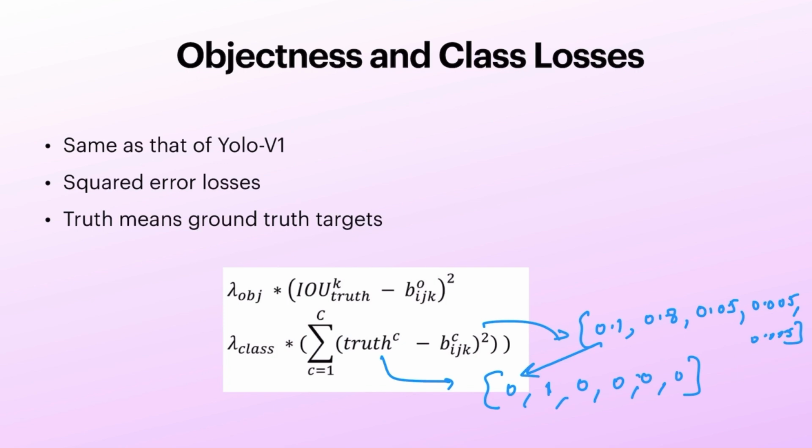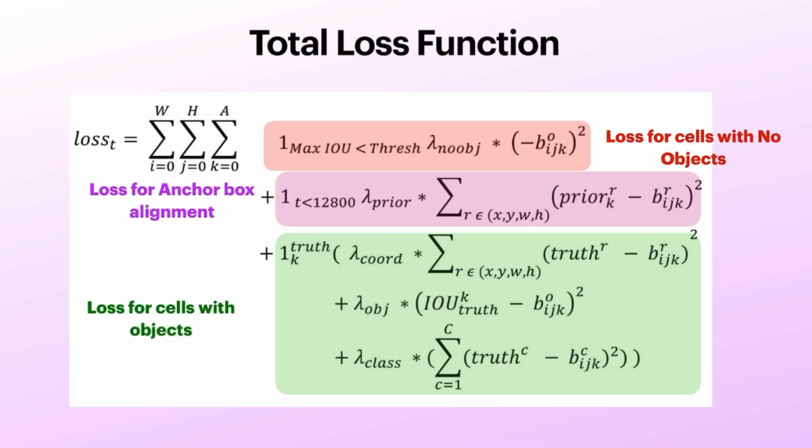Now these individual terms I am calculating the difference and then summation of all the individual differences. So this is how you calculate the squared difference between class probabilities and the labels. This is the total loss function. Everything is a squared term here. Only the additional term is this one. This is for anchor box alignment. This is the loss between the prior, that is anchor box, and the box predictions. And this is for the no object cells and this is for the object cells.